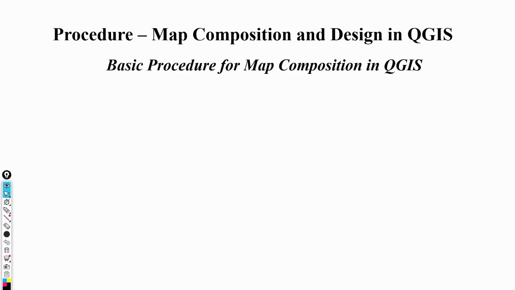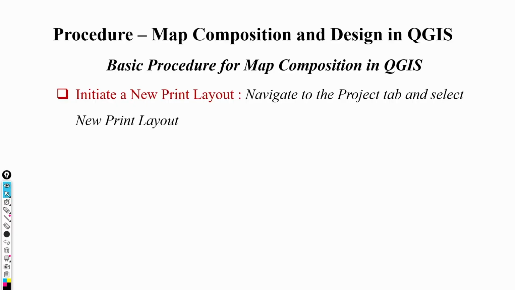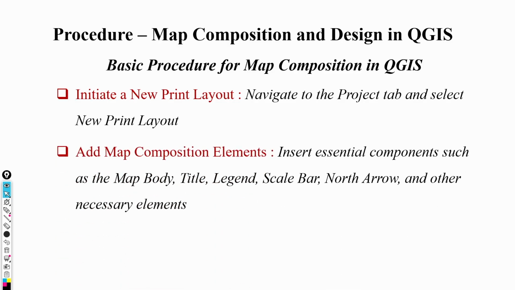So in terms of procedure, we have discussed what we are going to do in 2 lectures. The next part I am going to start with a practical, and in the next lecture we will discuss doing a location map. The basic procedure you have to remember is this: you have the option of a new print layout in QGIS. You go to the Project tab, select a new print layout, and then add all your map components based on the requirement and the application.